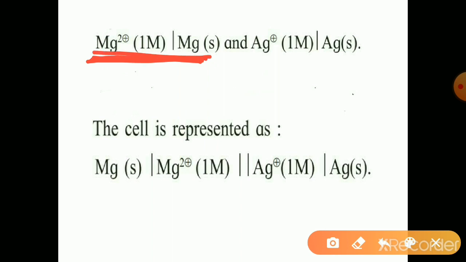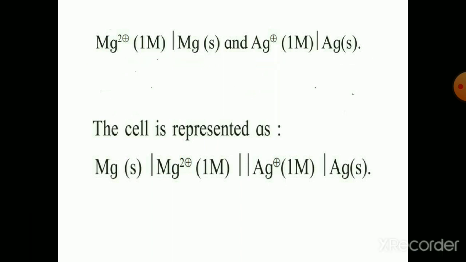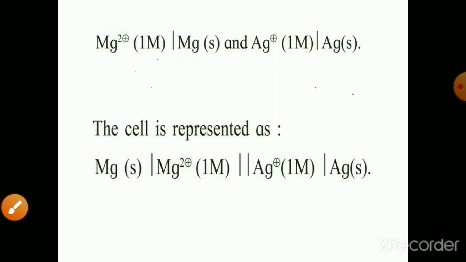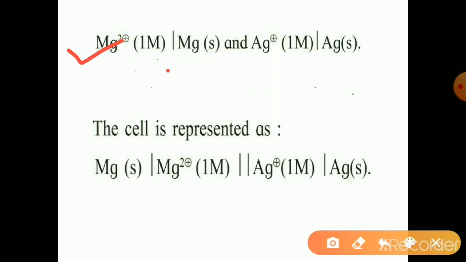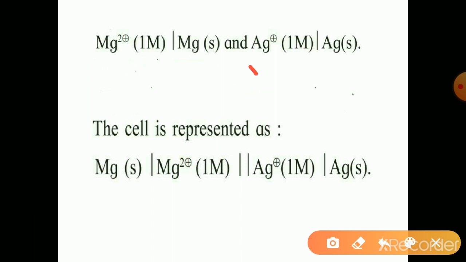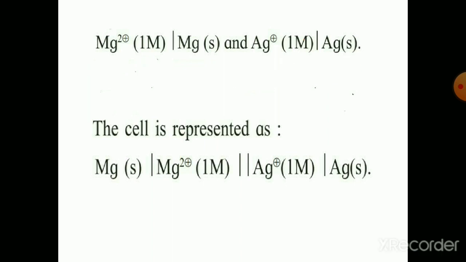While indicating a half cell individually, these are not connected. When they are represented individually, first their ionic species is written and then its metal strip is indicated.